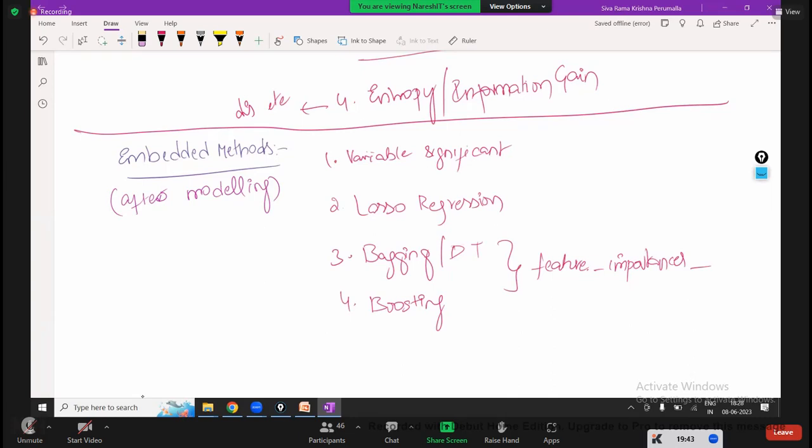Because in the decision tree, I have shown you that if a particular variable was not used for any decision node, that particular variable is given 0 priority. Not even one time is it used for making a decision. For example, in my company, I have 10 people.